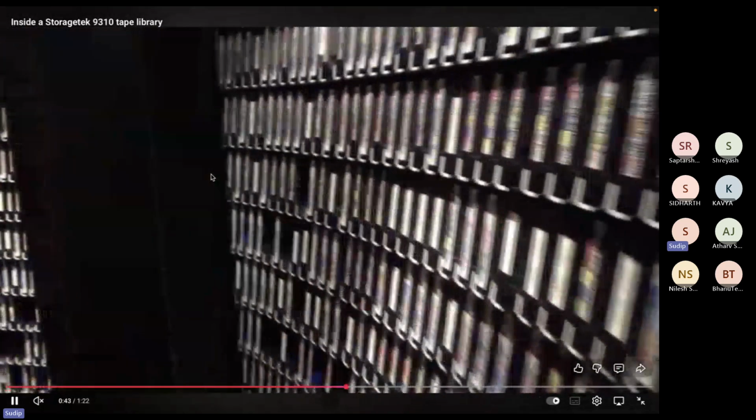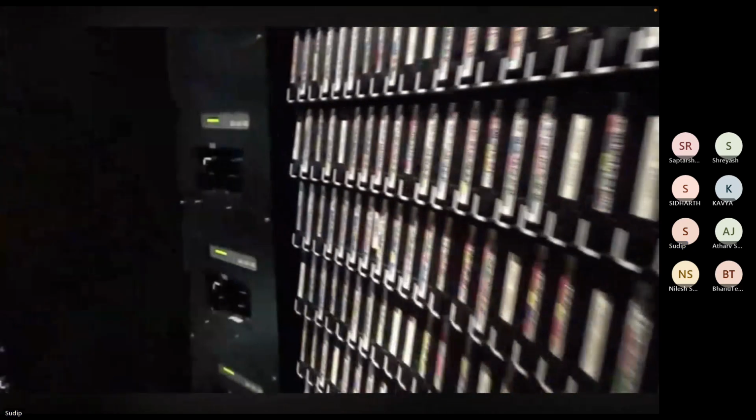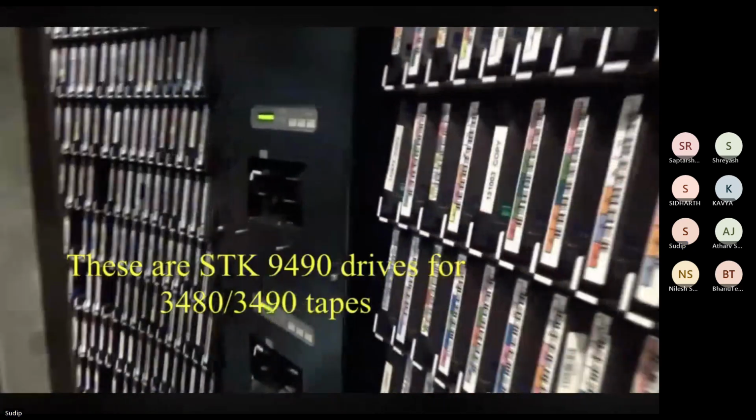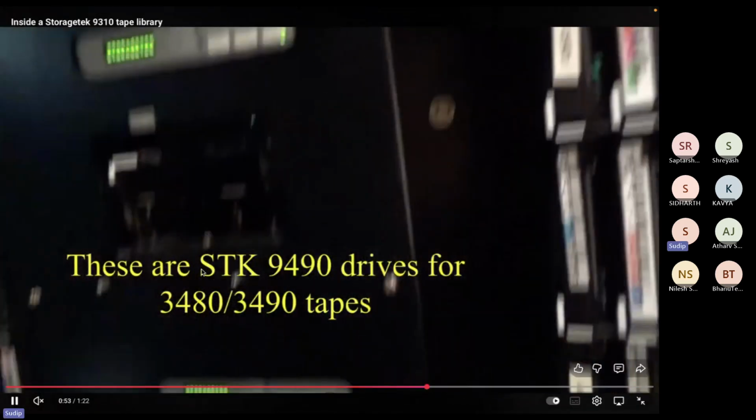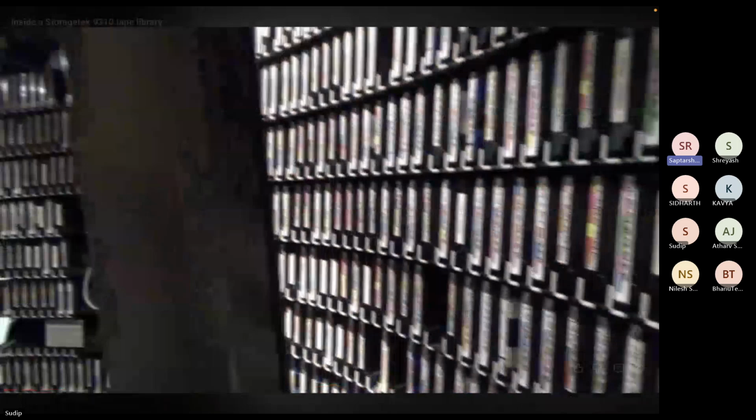It moves in all directions. And these are the drives in which the robotic arm will come and put those tapes for read and write operations. See how big this is.